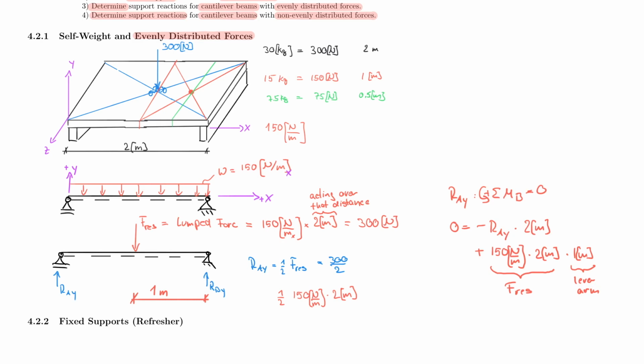But that concludes evenly distributed forces, which, as you have seen, we can use to represent self-weight. Now, you can, of course, sometimes superimpose self-weight. So, for example, if I want to use the table example, let's say I have the table here with its self-weight on it, and let's say the self-weight is this. What happens if I actually add a book to it? So let's say I place a book here that also has an evenly distributed force.